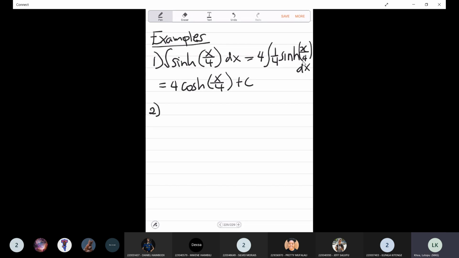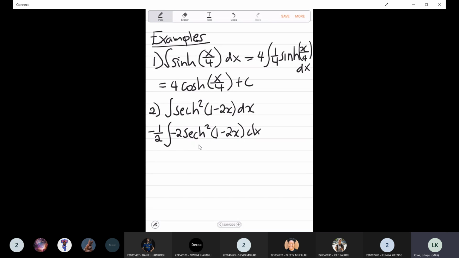And the next one, sech squared of 1 minus 2x dx. The derivative of the inside is negative 2, so I need to put negative 2 there and then negative half outside. So negative half, negative 2, sech squared of 1 minus 2x dx.